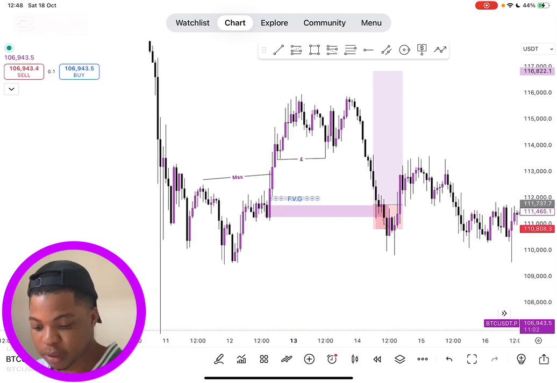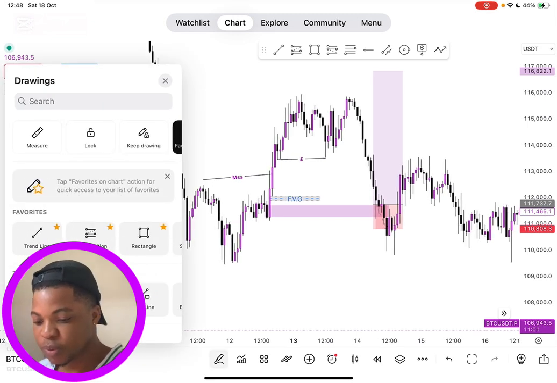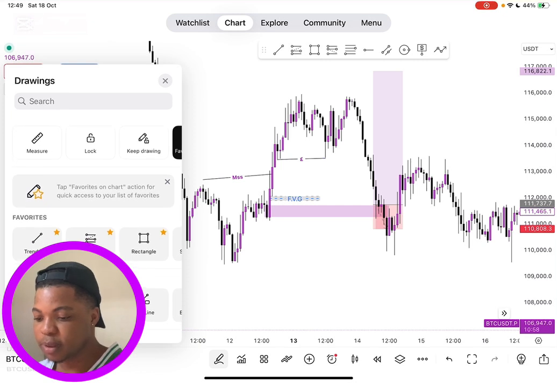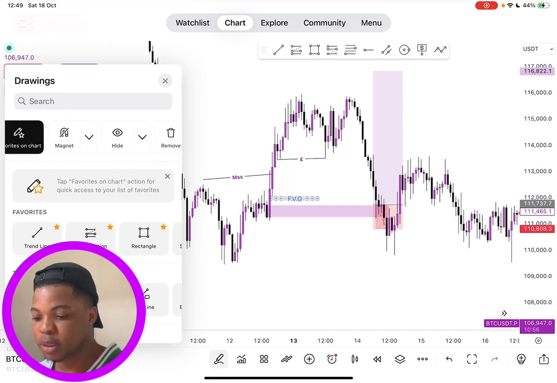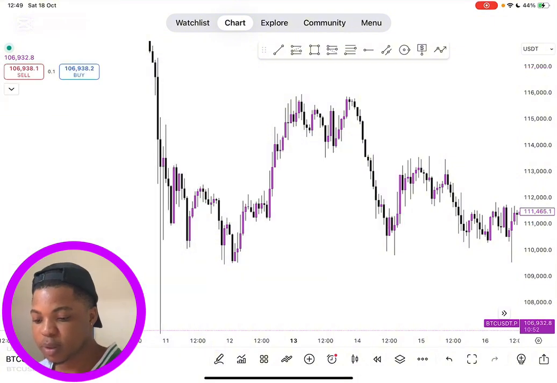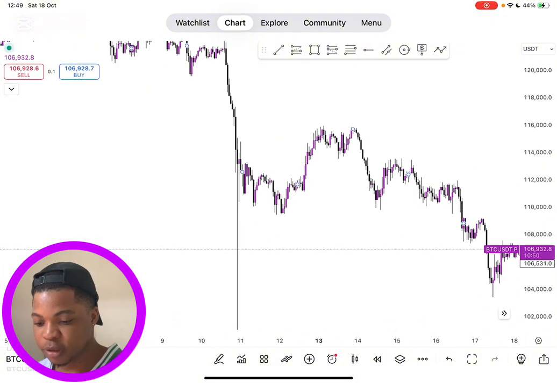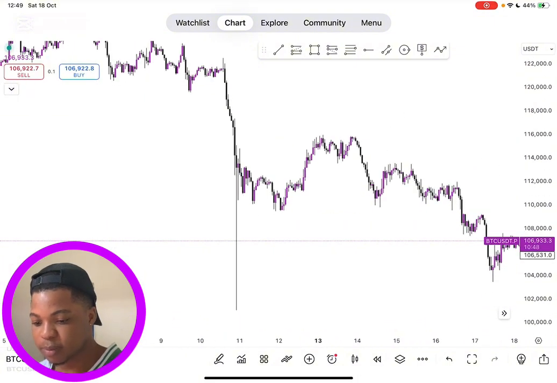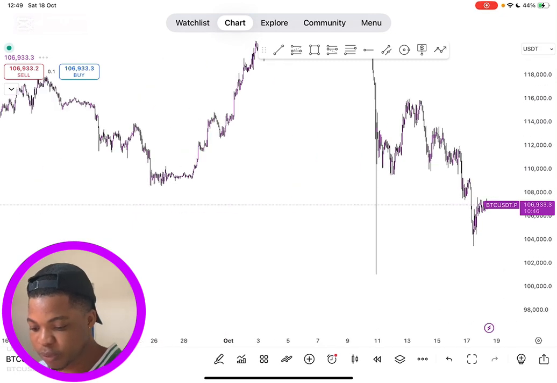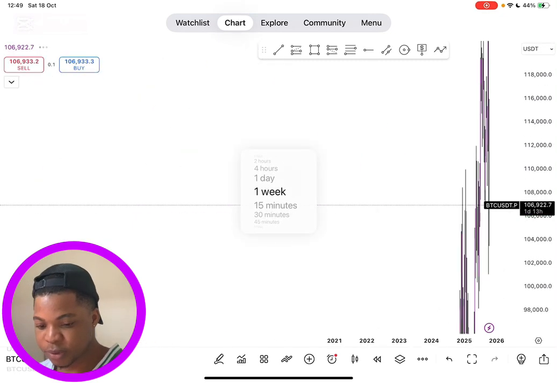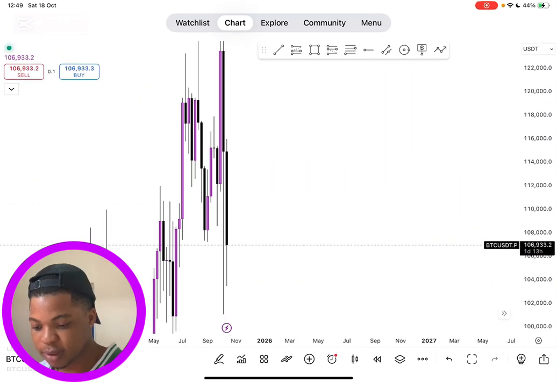So I'm going to clear this chart and show you guys maybe reasons why I took this trade, like I always do. So let me clear the chart. Remove our drawing. So guys, you remember now after the dump, market tapping into my weekly demand zone that I marked. Let me mark it out again.